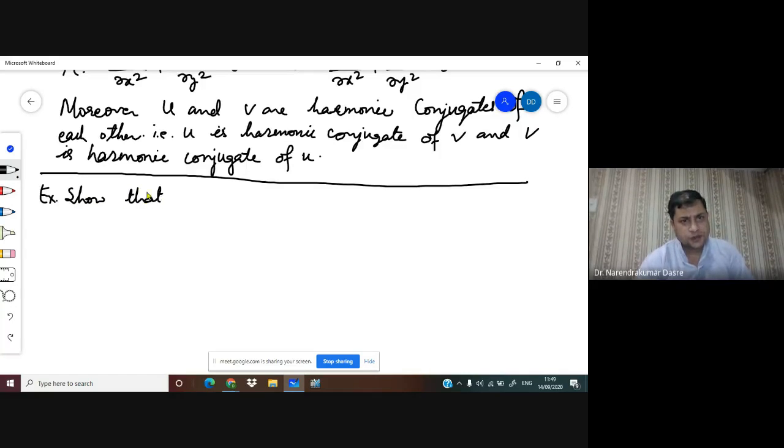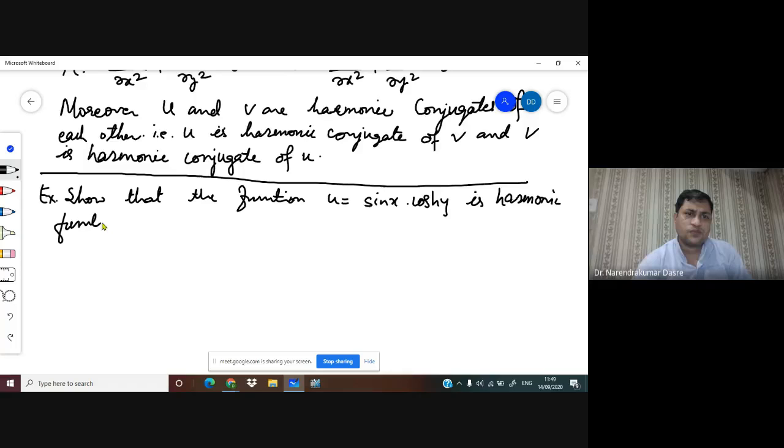Show that the function u is equal to sin x cos hyperbolic y is harmonic. Okay, so we have to show that this is going to be a harmonic function.